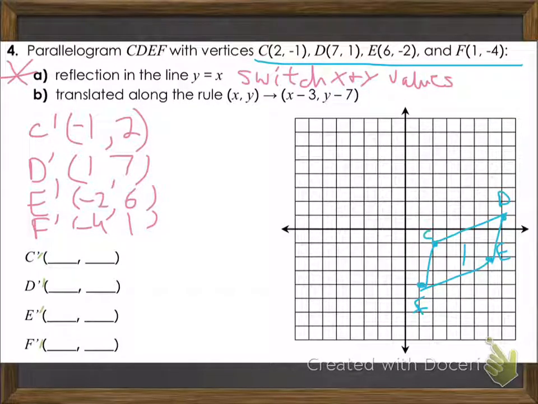So C prime is negative 1, 2, so we're going to go to the left 1 and then up 2. So this is going to be C prime. D prime is at 1, 7, so we go to the right 1 and then up 7. There's D prime. E prime, we go to the left 2 and up 6. Or right here. There we go. And then F prime, we go to the left 4 and then up 1.